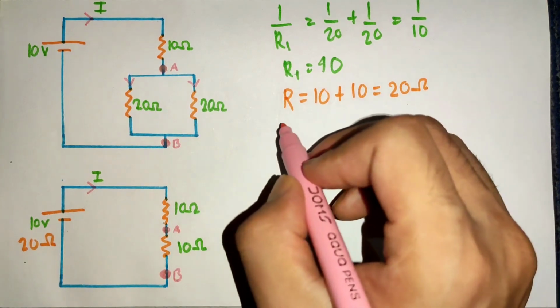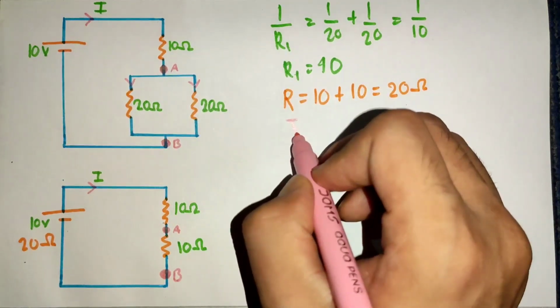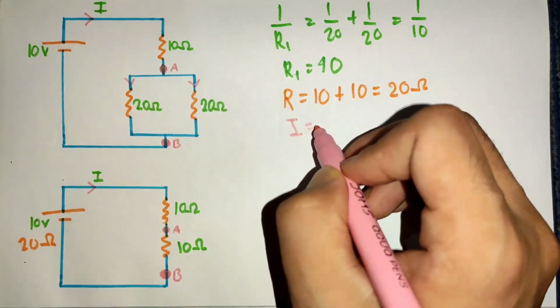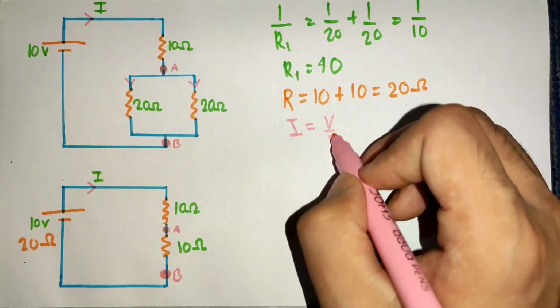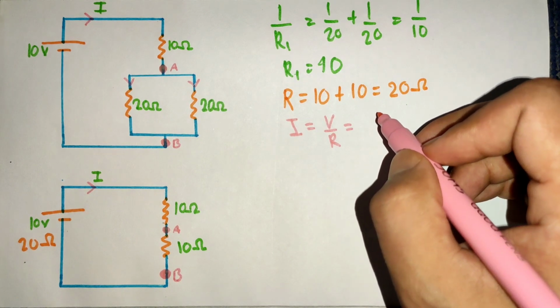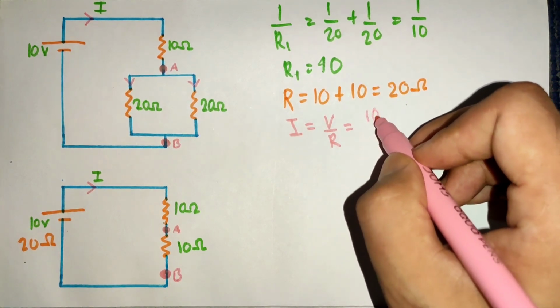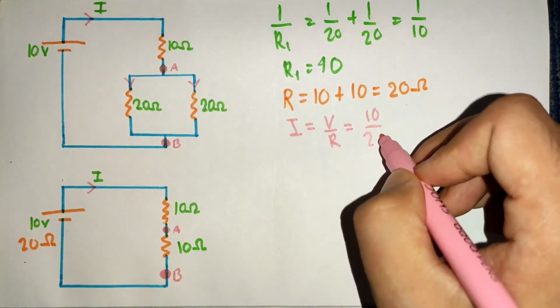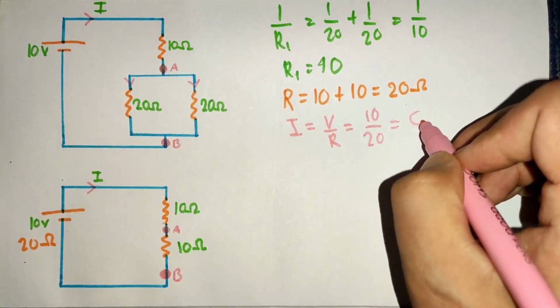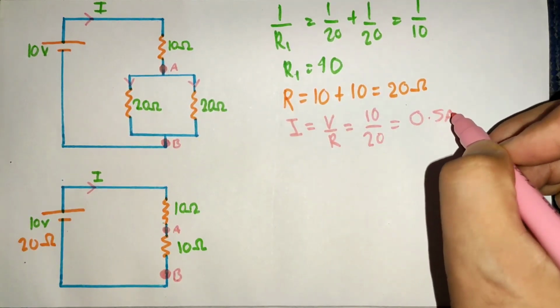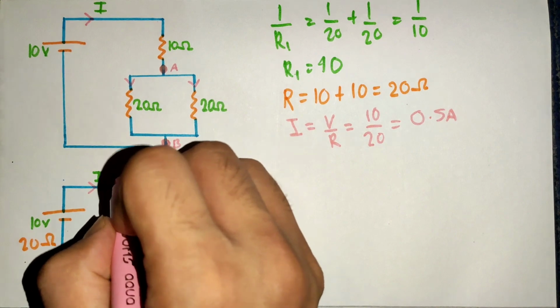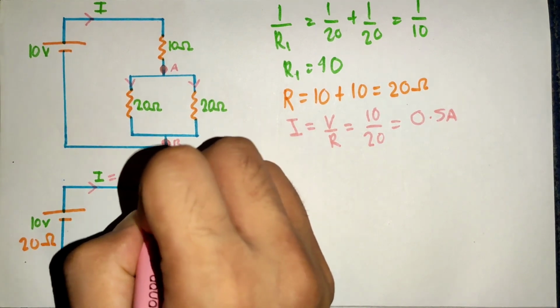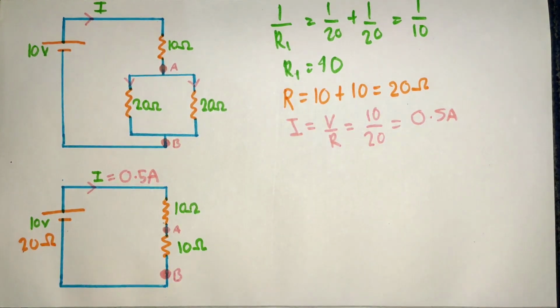Now let's calculate the total current. I equals to V by R, where voltage is 10 volt and resistance 20 ohm, equals to 0.5 ampere, and this 0.5 ampere current is total current passes through the circuit. Now calculate how much voltage is dropped across 10 ohm resistor.